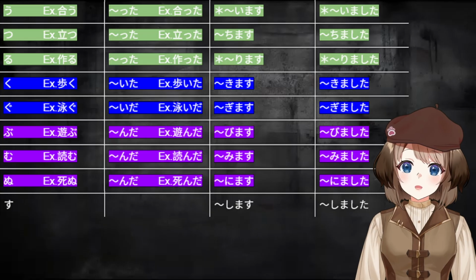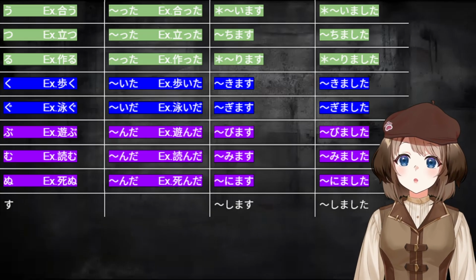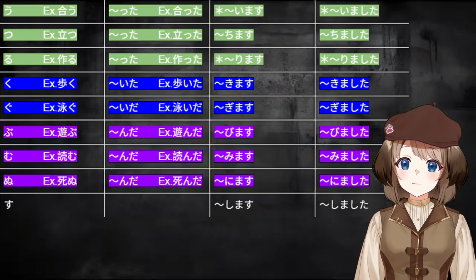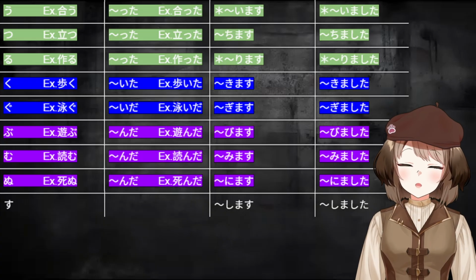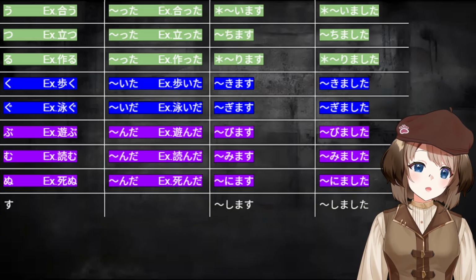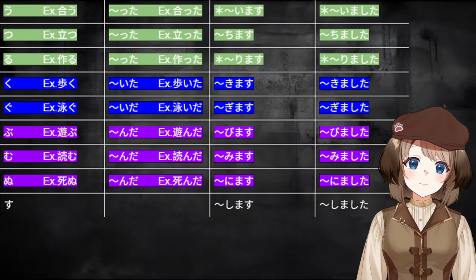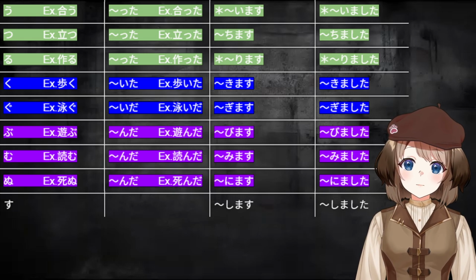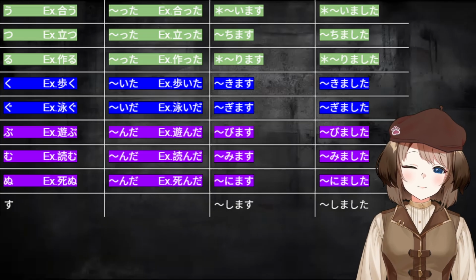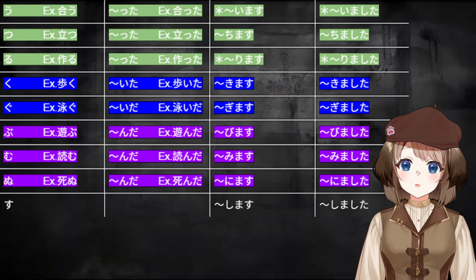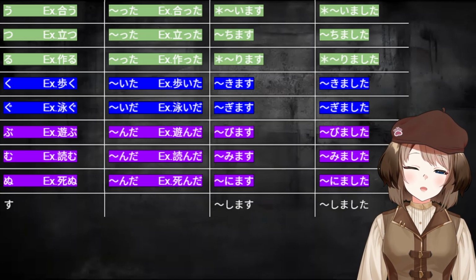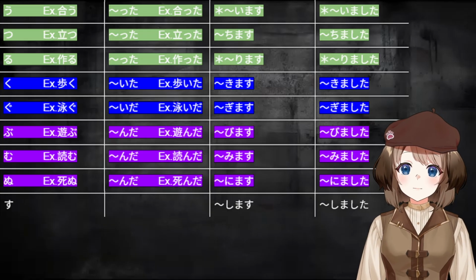Shinu, to die, becomes shinda. So all of these are taking an nda ending. You may wonder why the mu and nu verbs are taking da when there's no dakuten in mu and nu. That's basically just because the n sound and the m sound lend us to a d much more than a t.